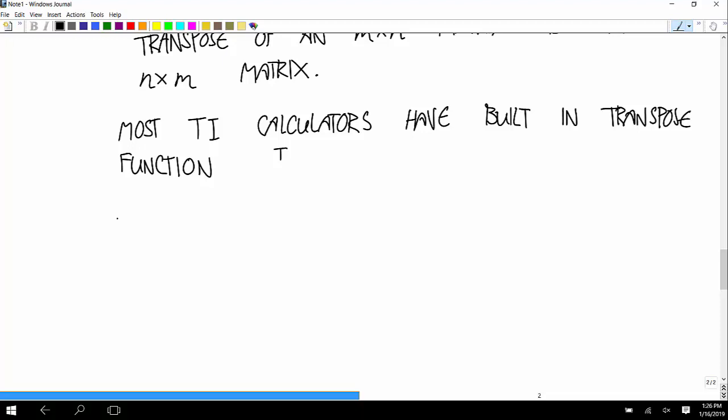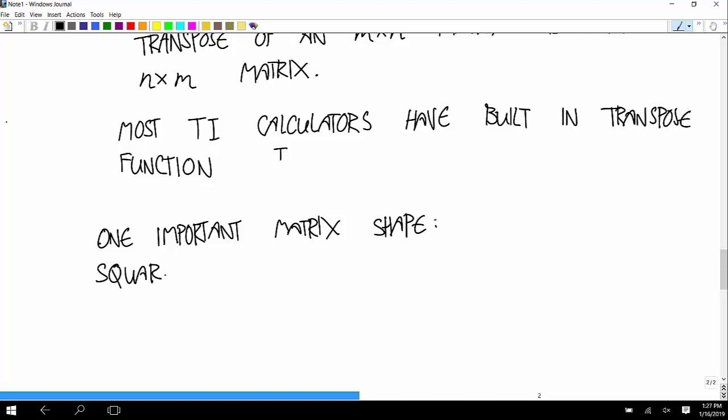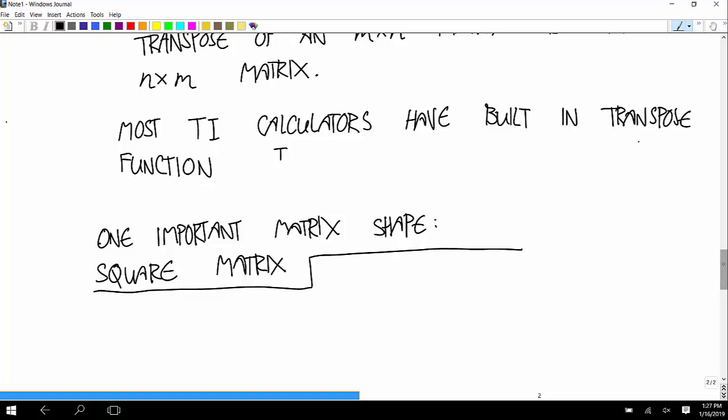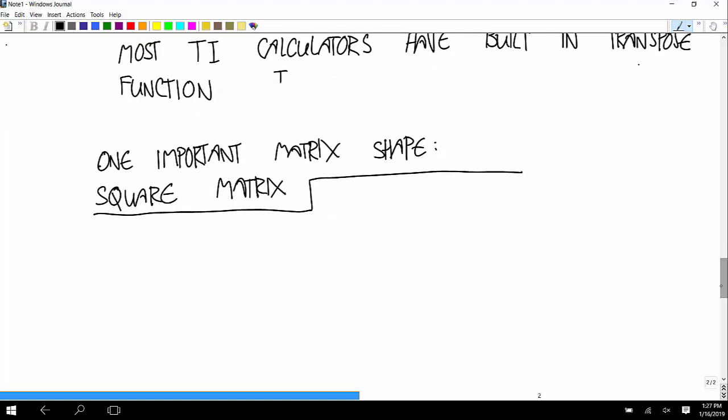Now, one important matrix shape is a square matrix. And what would you guess would be the requirement for something to be a square matrix?